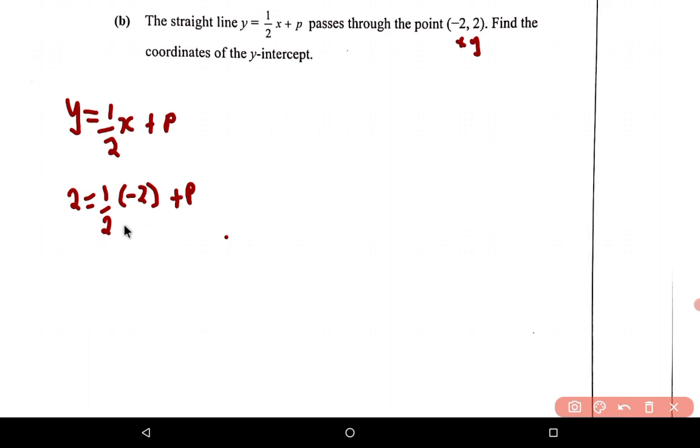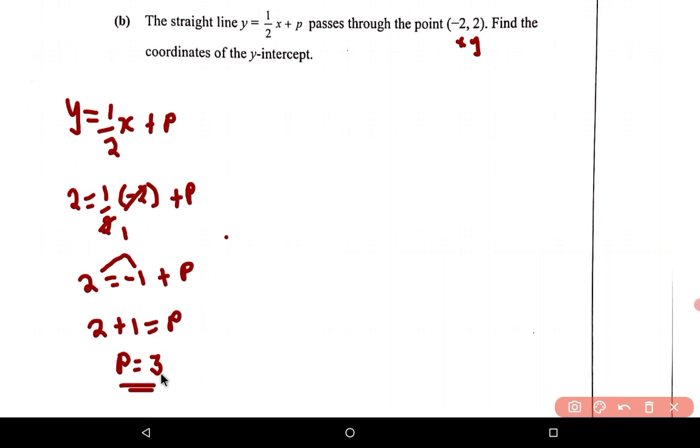So 2 will be equal to negative 1 plus p. When you move this side, this is going to be 2 plus 1 is equal to p. So in other words, p is equal to 3.